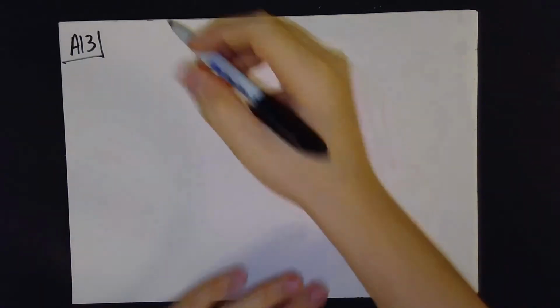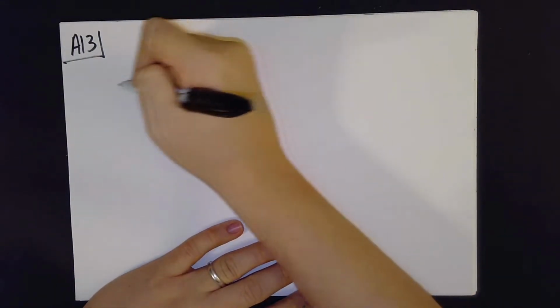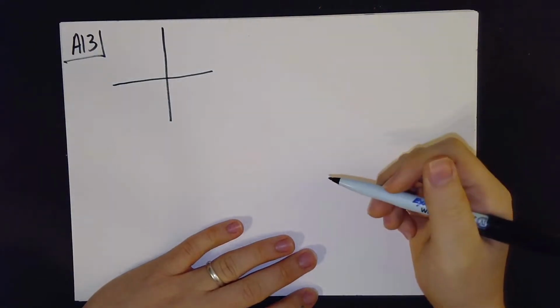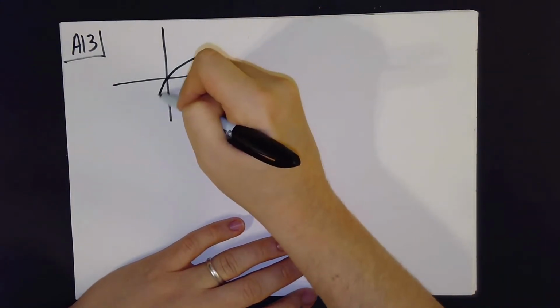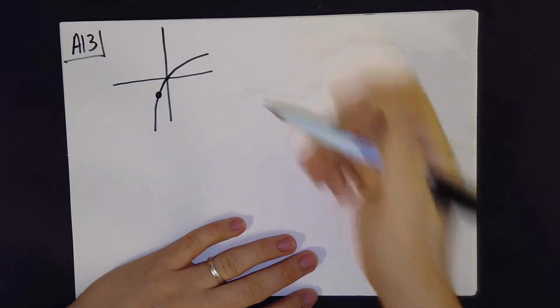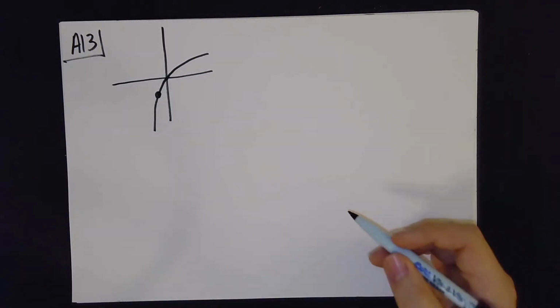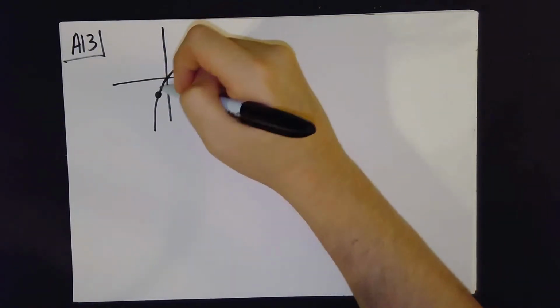Okay, so in this question, we have a graph that looks something like this. Marked off this point, -1, -2.